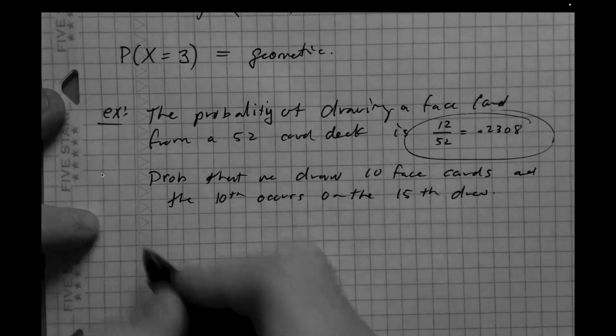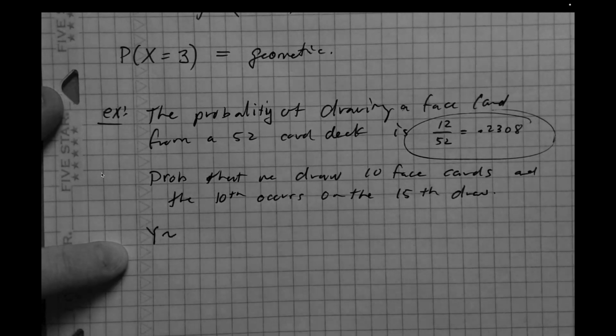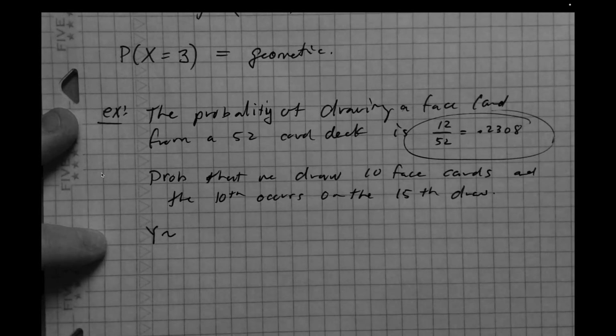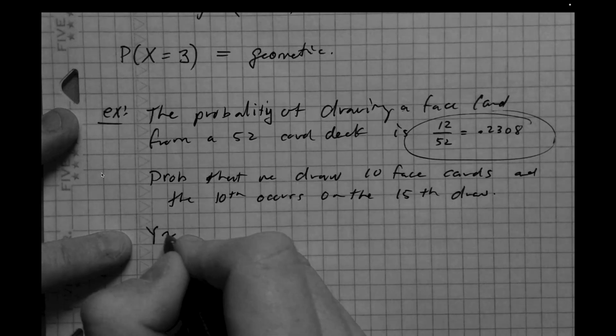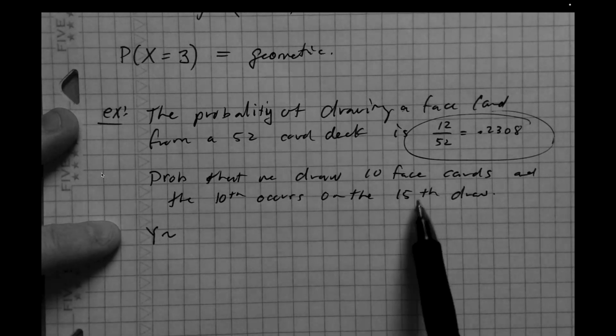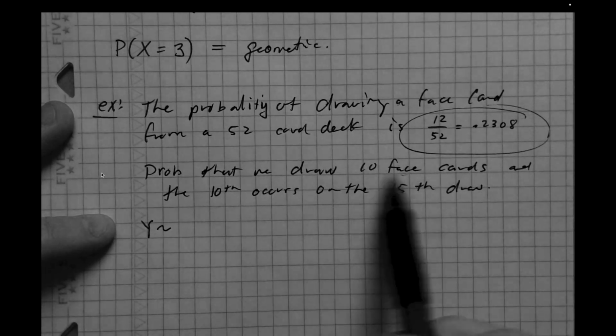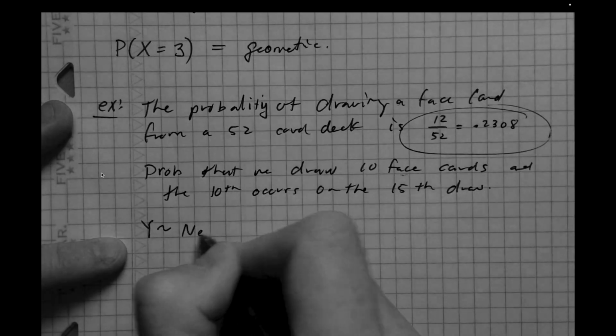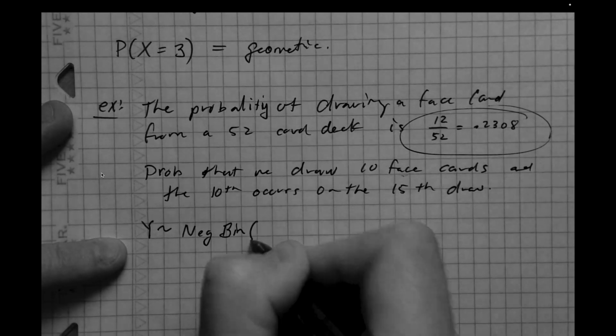Okay, and so in this case, our random variable y is going to track the number of the draw where we get the 10th face card, right? So this is going to be negative binomial, right?